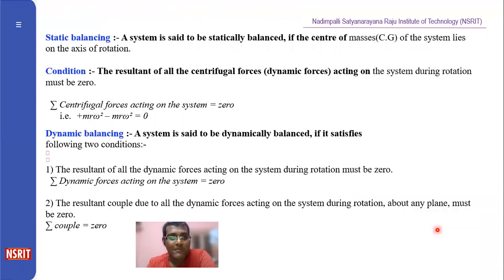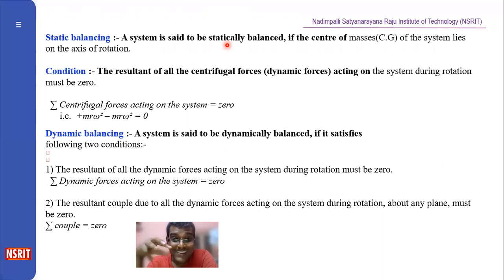That is static balancing. A system is said to be statically balanced when the center of mass, the center of gravity of the system, lies on the axis of rotation.